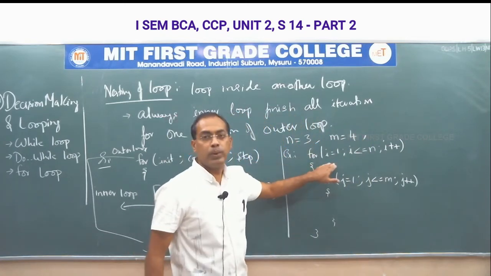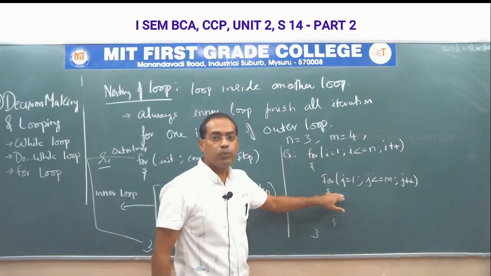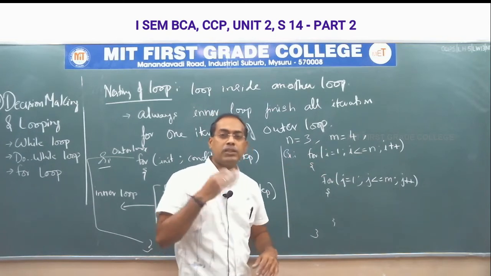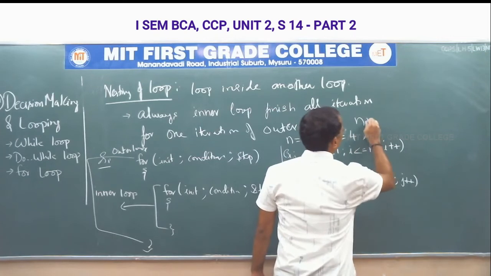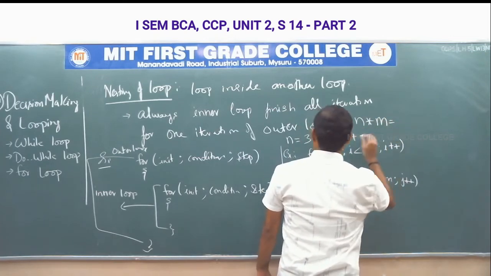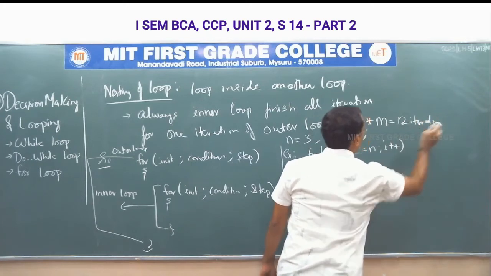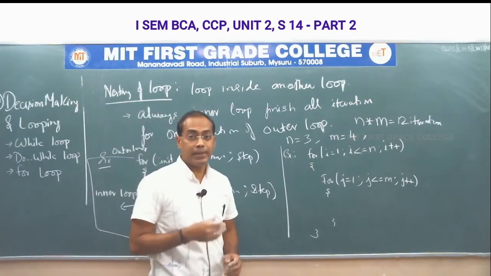So the outer loop will be executed 3 times, the inner loop will be executed 4 times. So what is the total number of iterations? Very easy. The mathematics is n into m. So that is 12 iterations. Total iterations will be 12. We'll take some examples.